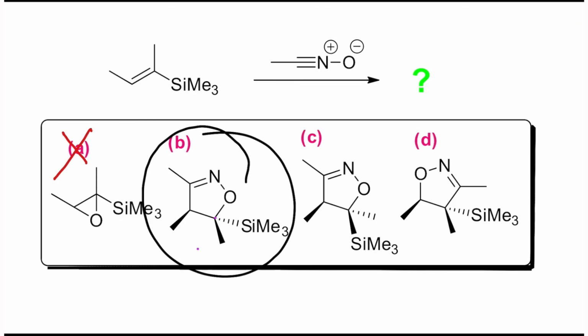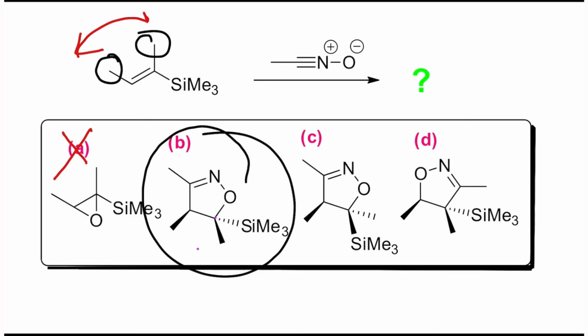I have already discussed another MCQ, you may visit. Now second thing, in this case these two atoms are on the same side, so ultimately in the product they will remain on the same side because this is a cycloaddition type reaction, so their geometry will not change. If you keep in mind that they will be on the same side, which options are given?